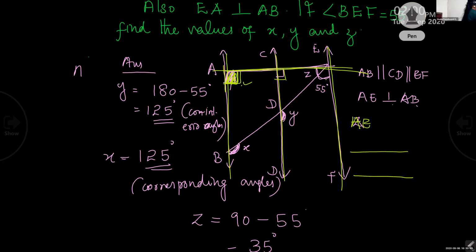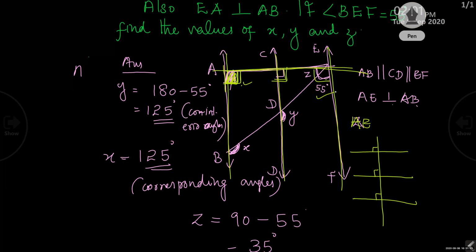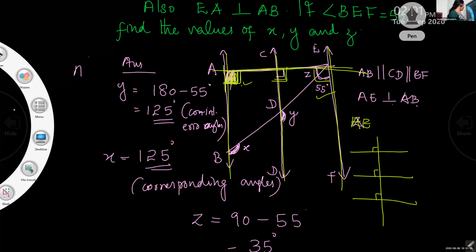This also 90 degrees, this also 90 degrees, because all these are corresponding angles. But one angle is 55. What about the other? So 90 minus 55. Clear? Yes, ma'am. Okay. Now, we'll move to the next one.